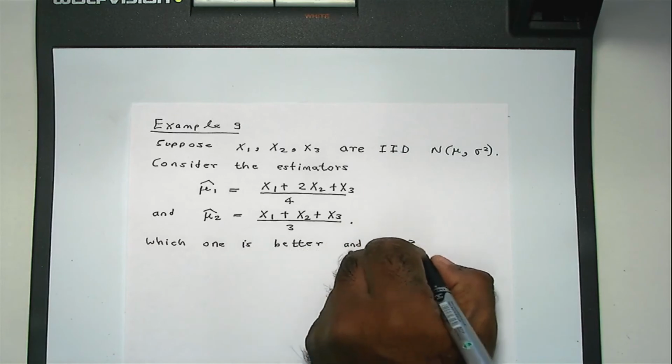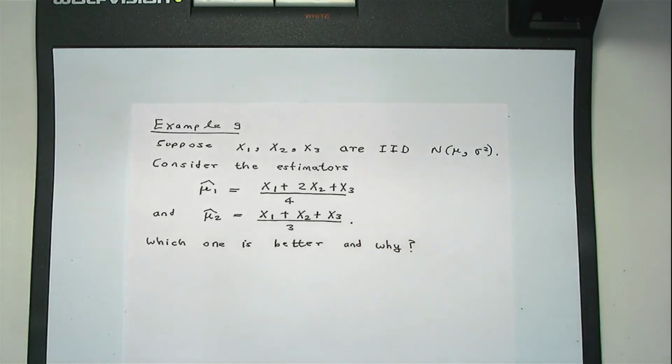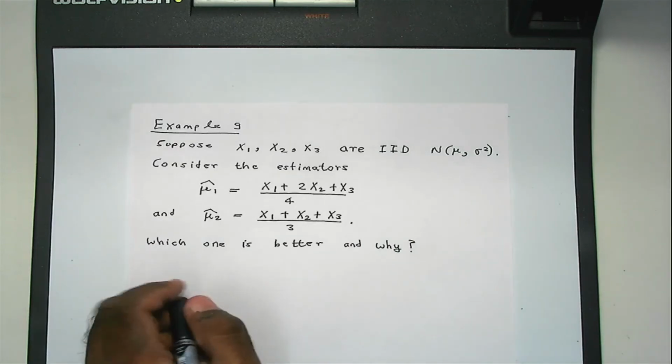Okay. So to do this kind of question, once again, you need to find the biases of the two estimators, and also you need to find the MSEs of the two estimators, right? So let's start with finding the biases.